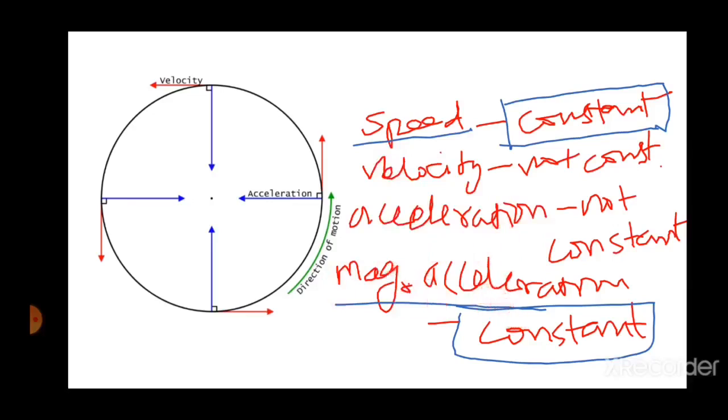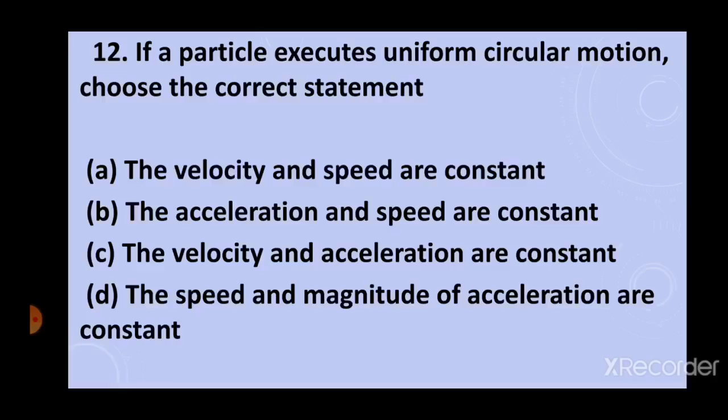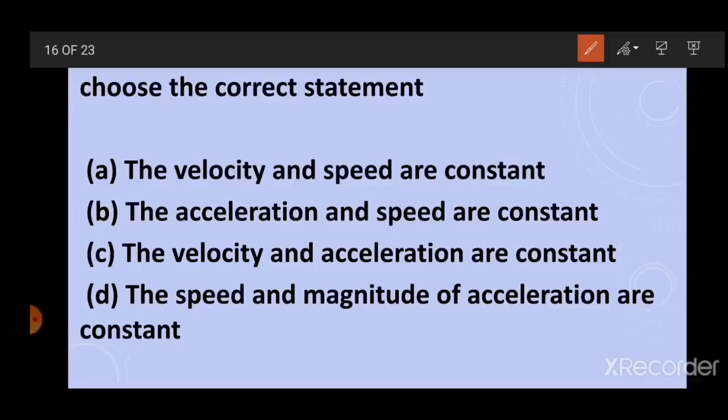So now tell me, what is the correct statement about the particle? First one, the velocity and speed are constant. Already you know that velocity is not constant, so this statement is wrong. And the second one, acceleration is also not constant, so this statement is also wrong.